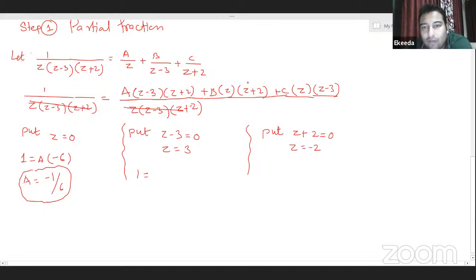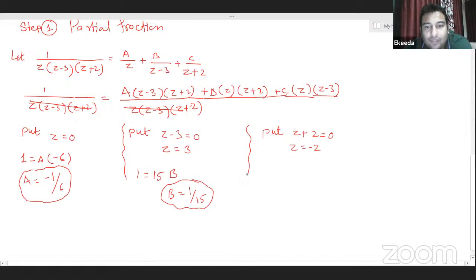The entire last term will also be gone because 3 minus 3 is 0. I'll be left with only the middle term. Putting z equal to 3 here, this is 3, and 3 plus 2 is 5. 5 threes are 15. B value will be 1 by 15.